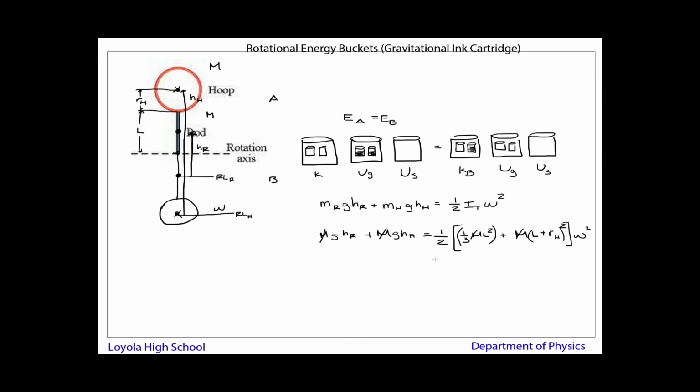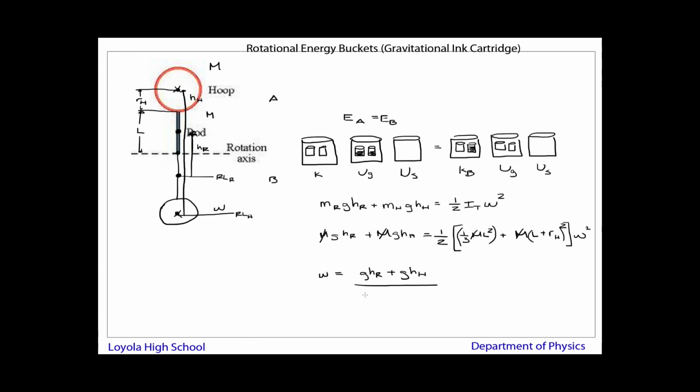So it looks like all the masses go away. And then we are left with omega squared over here. So omega is equal to this part right here, g h of the rod plus g h of the hoop, which we have to make sure, from our reference line, we get the correct distances for, divided by everything right over here.